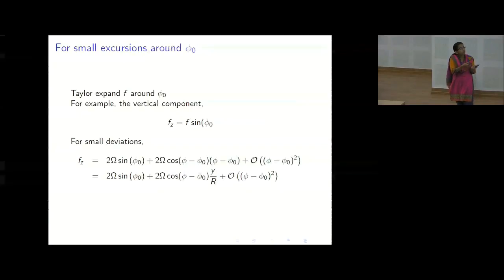So here I am doing that. phi naught is the latitude you are at, and if you are considering small deviations around that latitude, this is how the Taylor expansion goes, and you can neglect the higher order terms. And I can rewrite those equations in terms of y in this form.